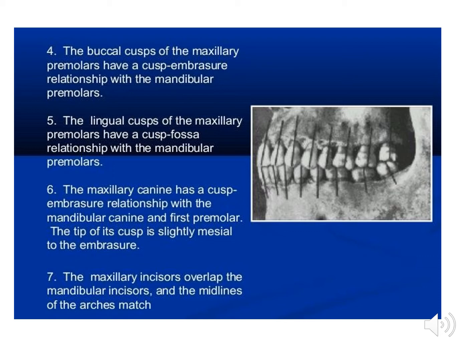The maxillary canine has a cusp-embrasure relationship with the mandibular canine and first premolar. The tip of its cusp is slightly mesial to the embrasure. Finally, number 7. The maxillary incisors overlap the mandibular incisors and the midlines of the arches match.